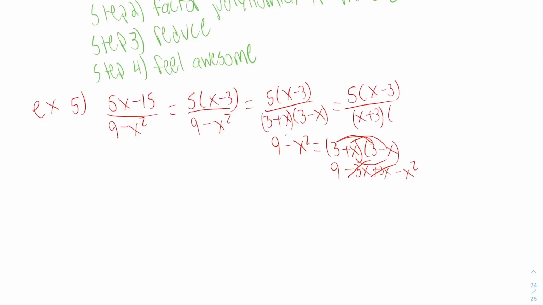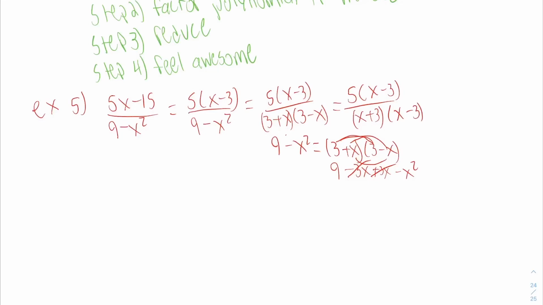And then for the second factor, we're going to pull out a negative number. We're going to change the signs of both of these. If we change the signs of everything inside the parentheses, because sometimes we'll have more than two things, that would be a plus x and a minus 3.